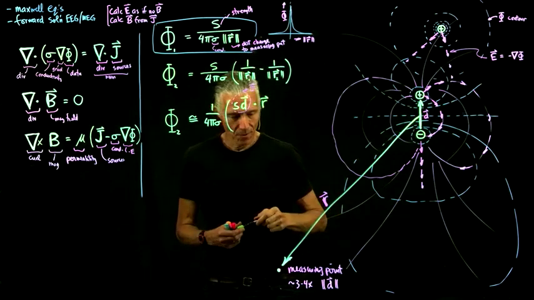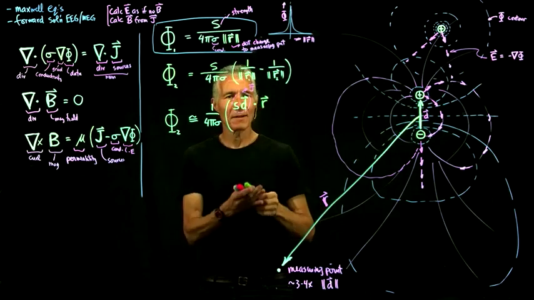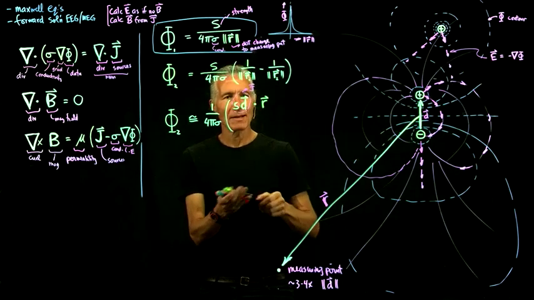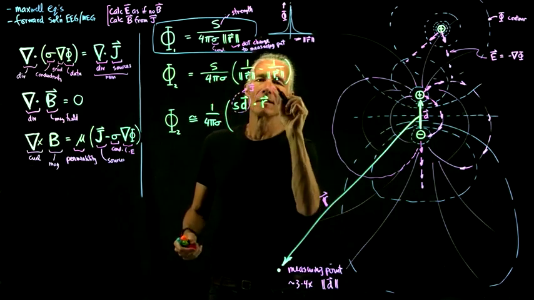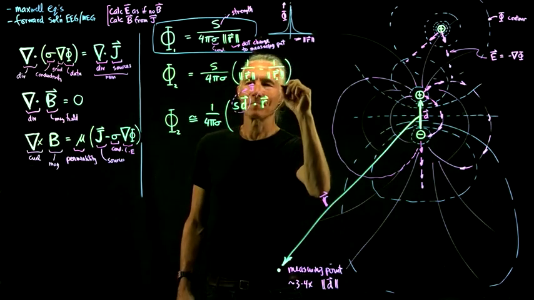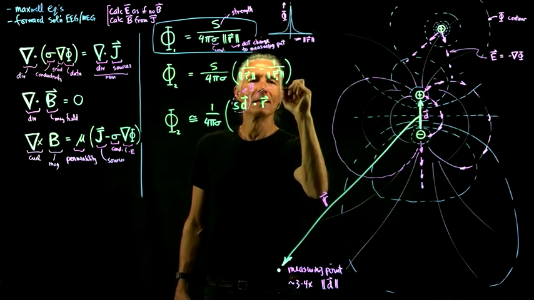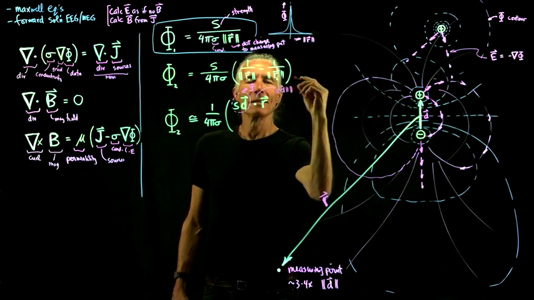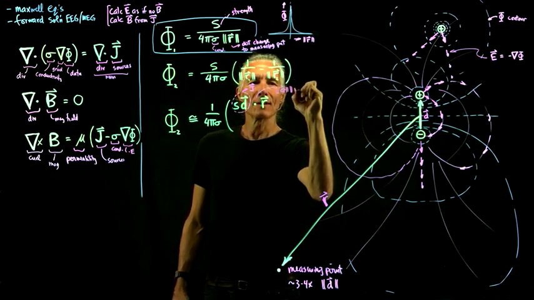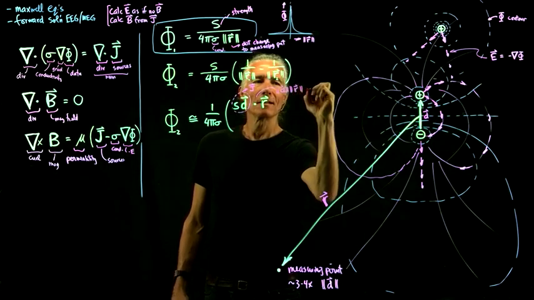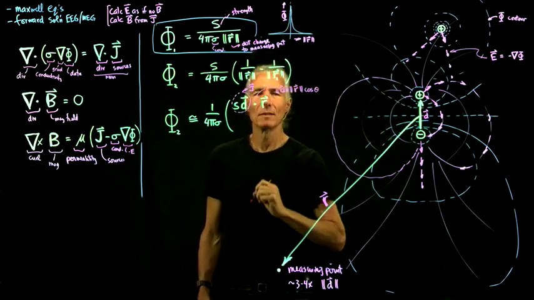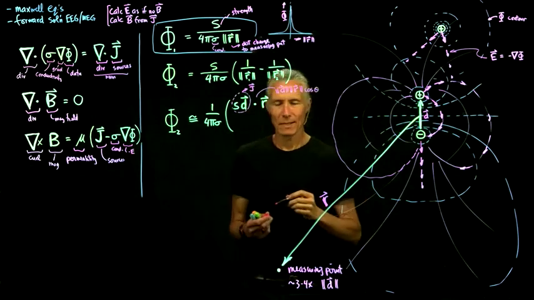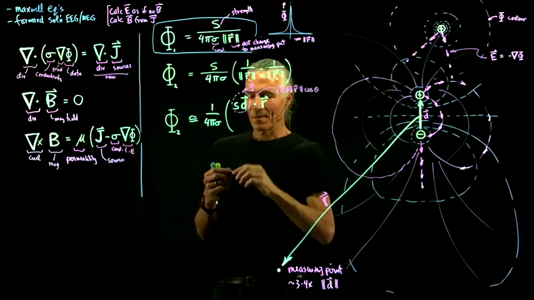And then dot producted with the R vector. So what does that mean? That dot product means we take the length of D times the length of R times the cosine of the angle between them. So that's the dot product.